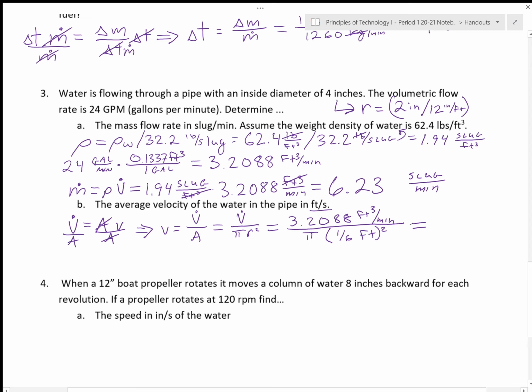Entering that calculation into our calculator, we get 36.78 feet per minute. We all know that in 1 minute there are 60 seconds, so we have to divide that by 60, and we get 0.61 feet per second for the speed of the fluid moving in this pipe.